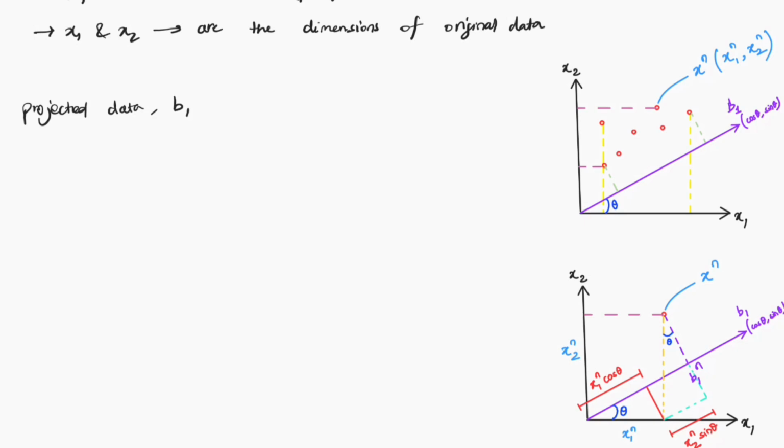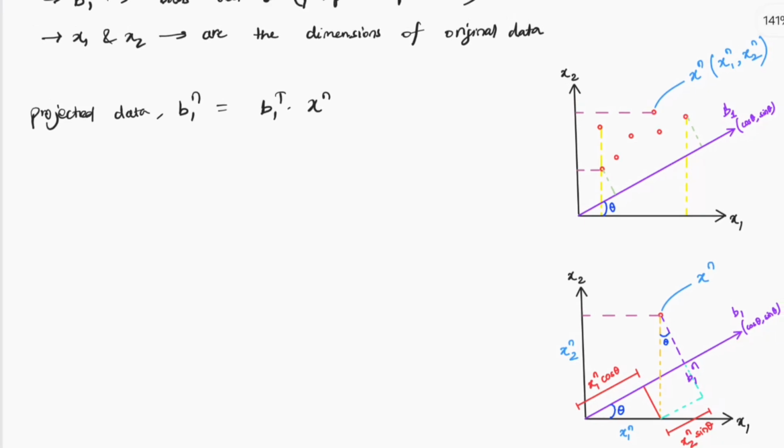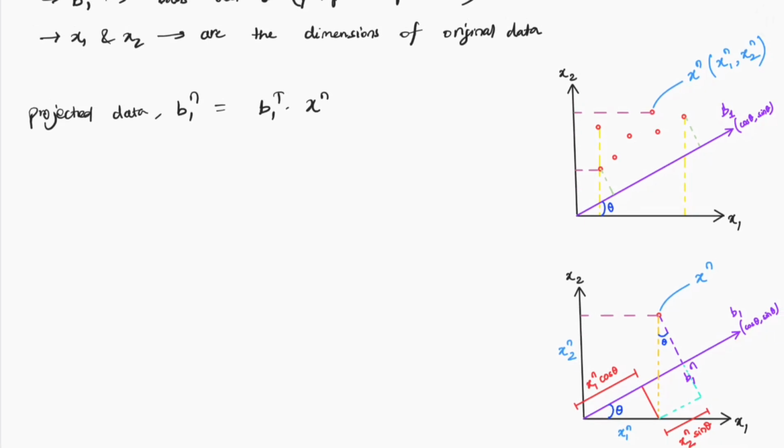We will call it b1n. b1n is equal to b1 transpose xn. So this is how we can write b1n, which is the data point when projected onto this new basis vector, onto this new principal component. And what is b1? What is b1t? So b1t is nothing but cos theta and sin theta.